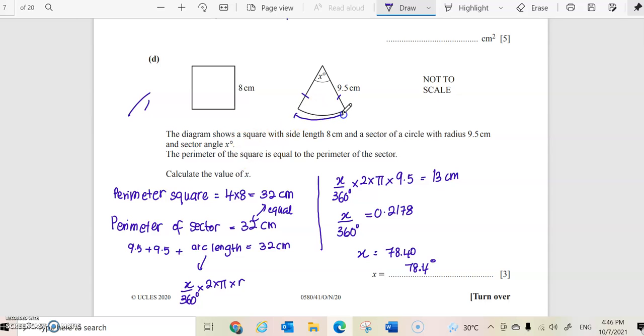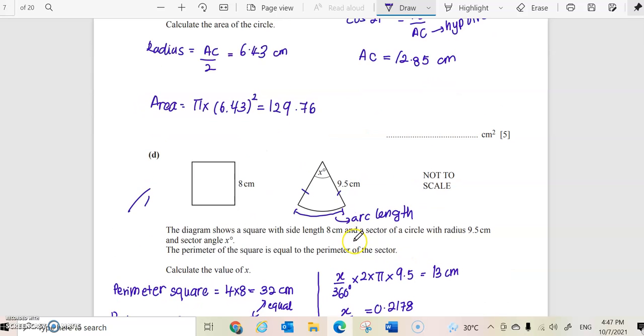For this question, I prefer that you use the maths formula. If you use the simple measure, you will have to convert the angle from radian to degree, and this question wants it in degrees. So the formula for arc length is the angle at the sector, divided by 360, times 2 pi r. So equate 32 minus 19 with this one, we get 13 here. And then calculate, we get x is equal to 78.4. Okay, so that is question number 4.